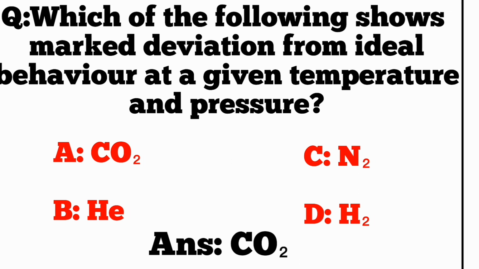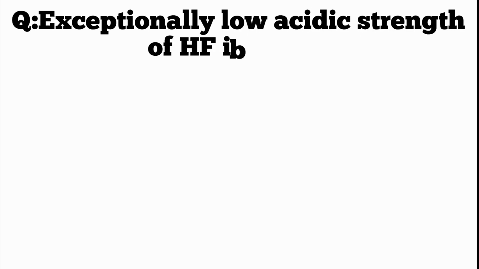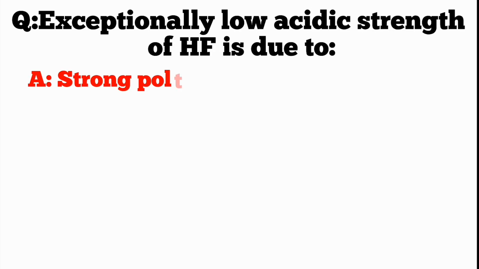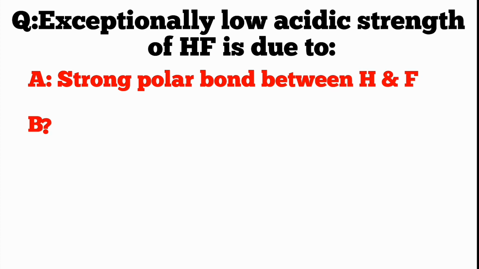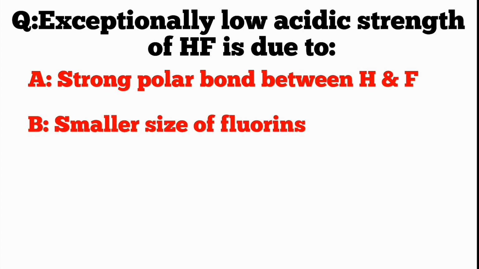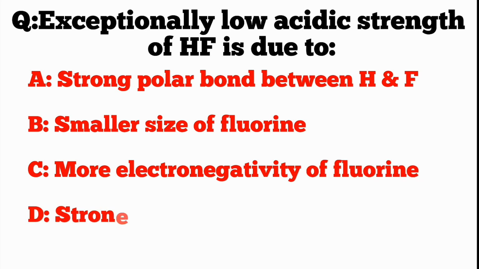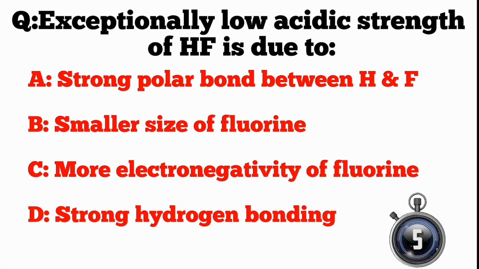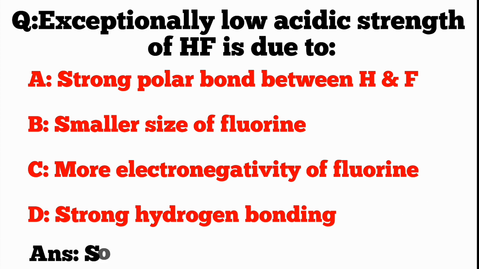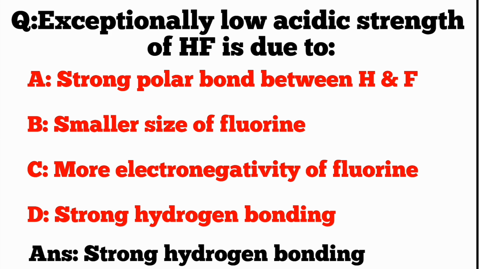CO. Q. Exceptionally low acidic strength of HF is due to A. Strong polar bond between H and F. B. Smaller size of fluorine. C. More electronegativity of fluorine. D. Strong hydrogen bonding. Ans. Strong hydrogen bonding.